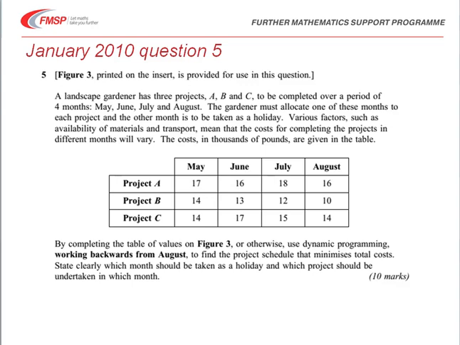So by completing the table of values, it says in figure 3 or otherwise, we're going to use dynamic programming, working backwards from August to schedule, and then find the schedule to minimize the total cost of the project. So it's a standard sort of dynamic programming question working from this particular table.